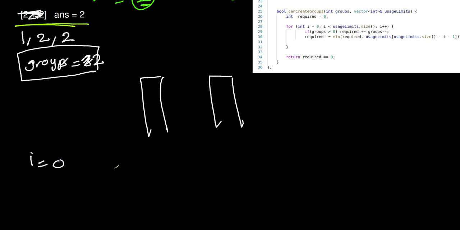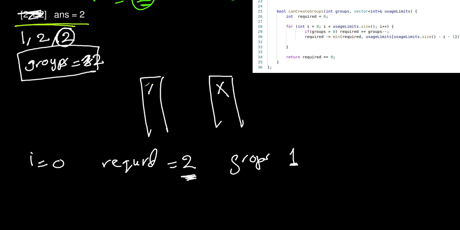I equal 0, required equal the number of groups, which is 2, groups minus minus is 1. Now we need 2 elements, and for the current I we have 2, so we take these 2, and 2 minus 2 is 0.